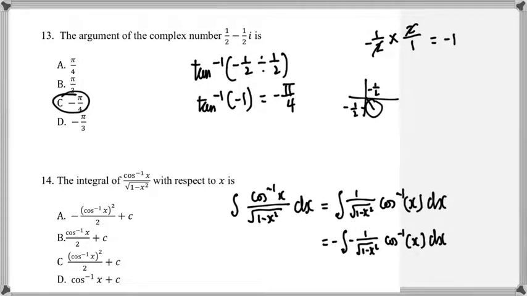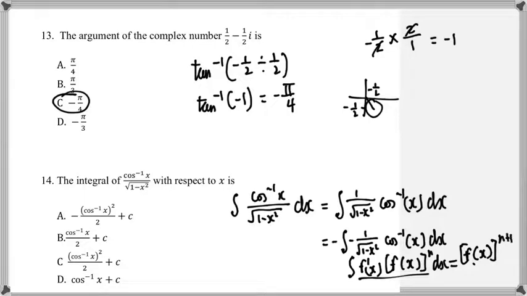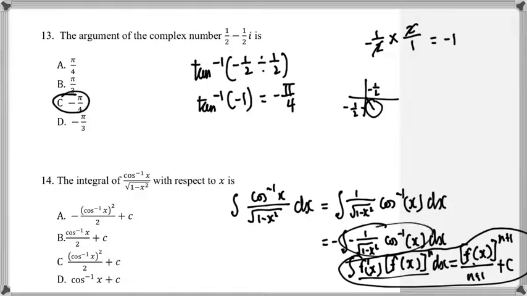So if you notice, this is the same as f prime of x times f of x to the power of n, and the integral of any function of this form with respect to dx is the same as f of x to the power of n plus 1 divided by n plus 1, plus c. So you have to employ this rule here. This rule is really key in this question here.